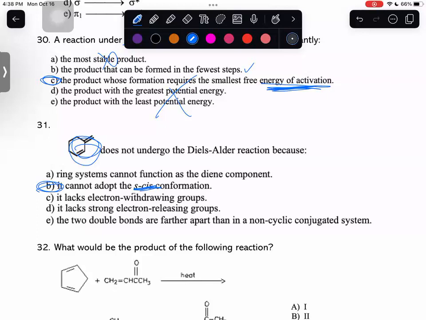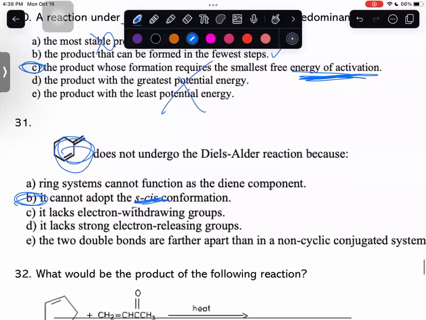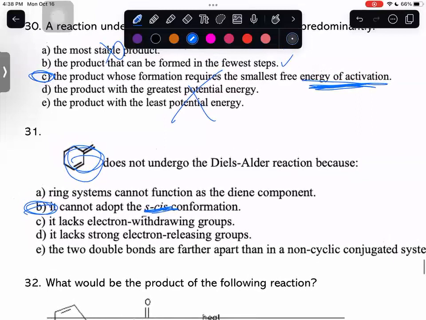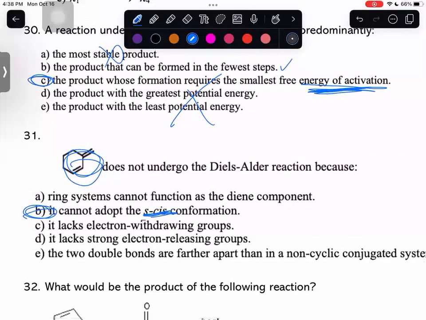Okay. Questions? We get it? That one is going to be a diene, yes, but it's not going to be a good diene because the reaction just wouldn't happen. It could be a dienophile, yeah, but it's not going to be the best one because it has electron donating groups.